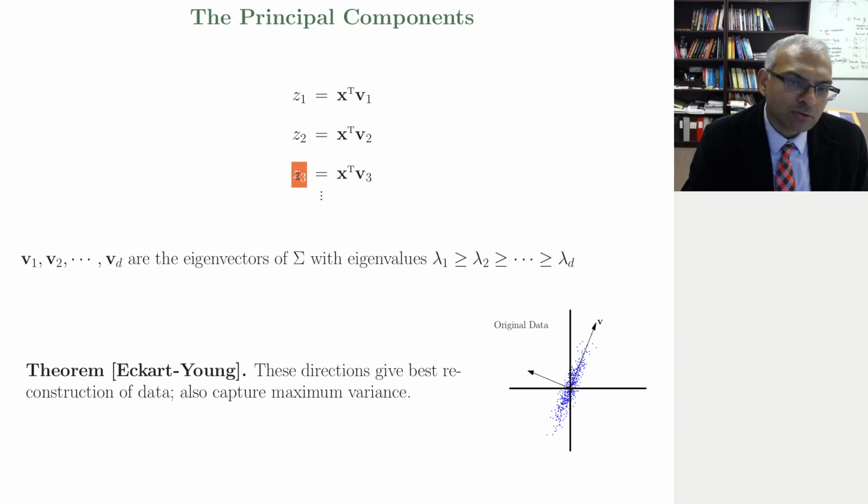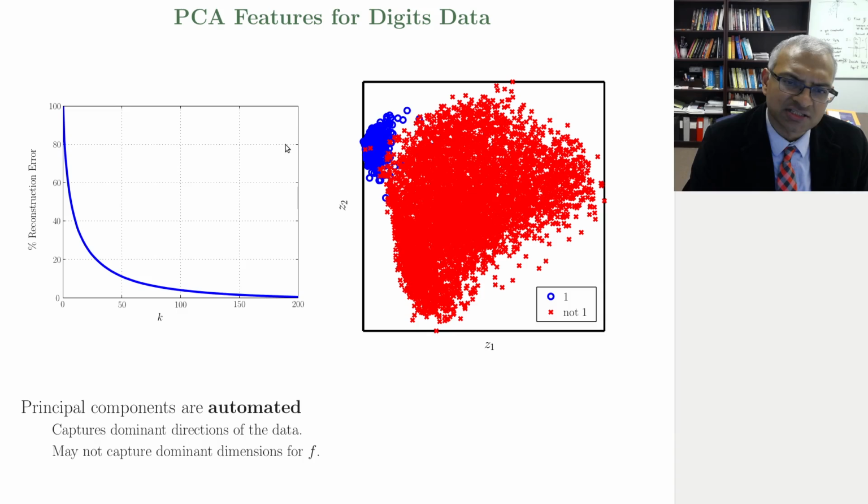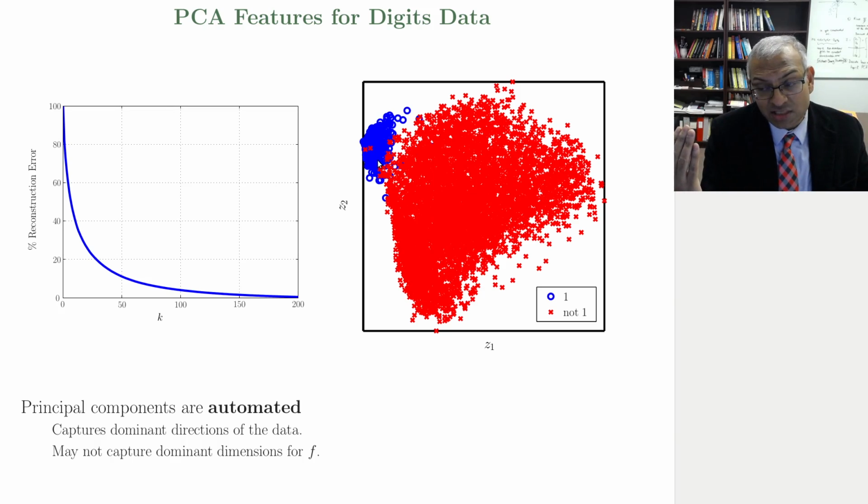Okay. And now let me show you what happens if I just keep the first two PCA directions with the digits data. Okay. Wow. So PCA direction 1, Z1, PCA direction 2, Z2, and 1 versus not 1. You see how nicely separated they are? That's because in this particular instance, the dominant directions in my data actually are the directions in which most of the information lies, and you can nicely separate 1 from not 1.